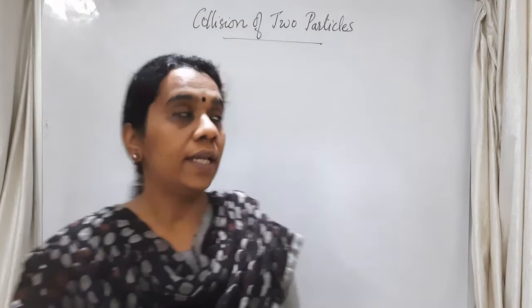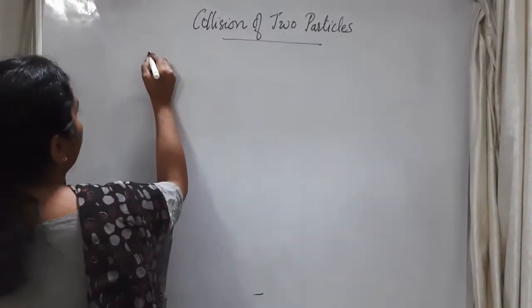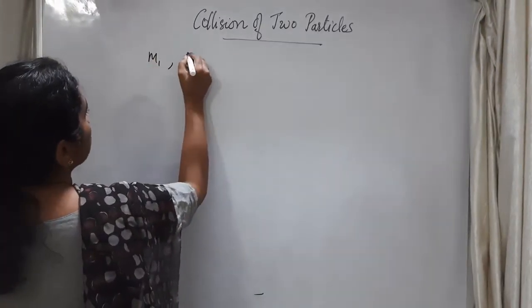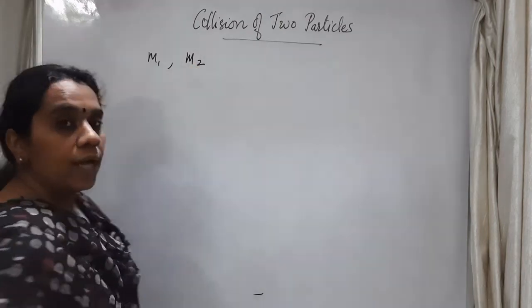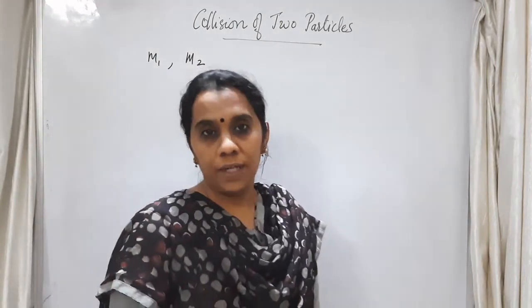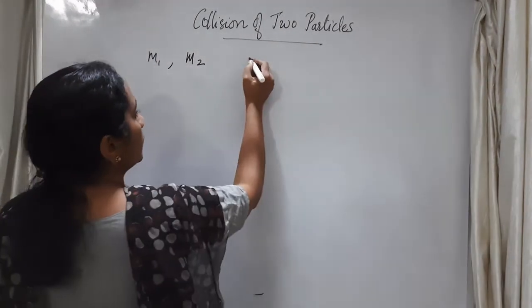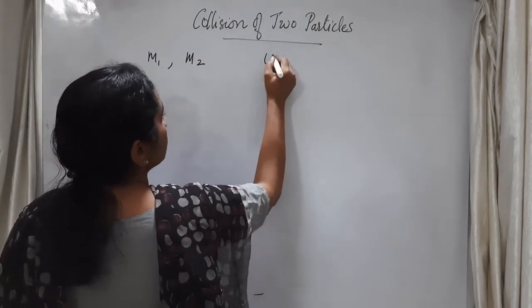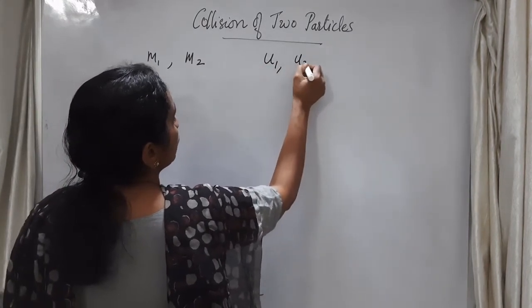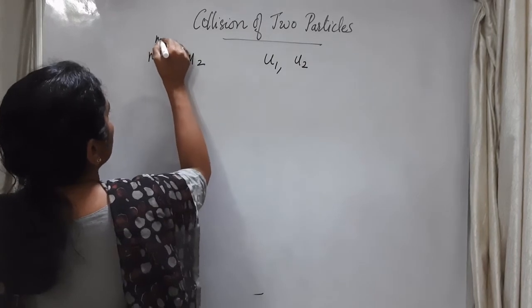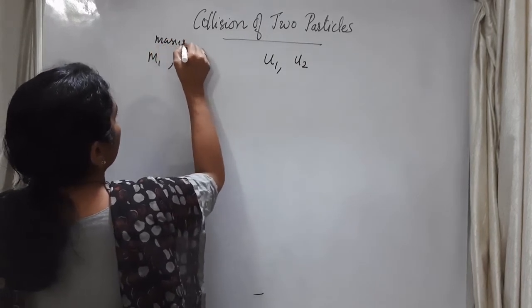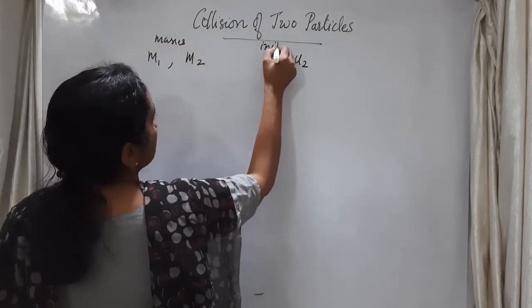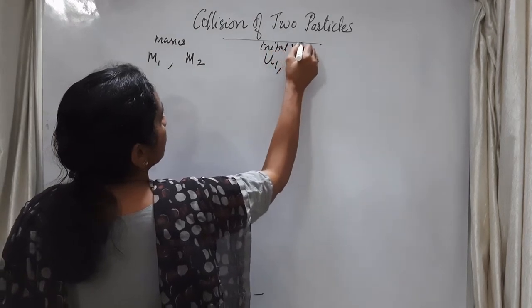So let us consider, for example, two particles of masses m1 and m2. Let their initial velocities be u1 and u2. These are the masses of the particles and these are the initial velocities of the particles.